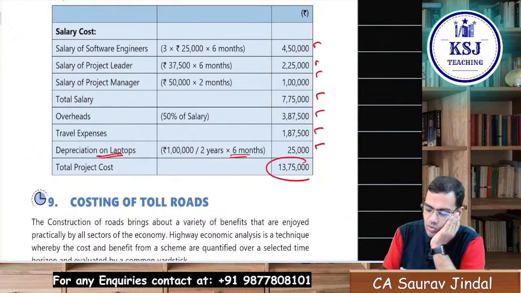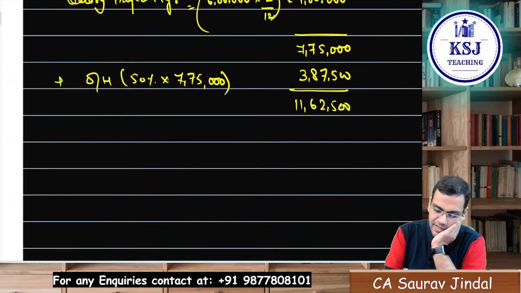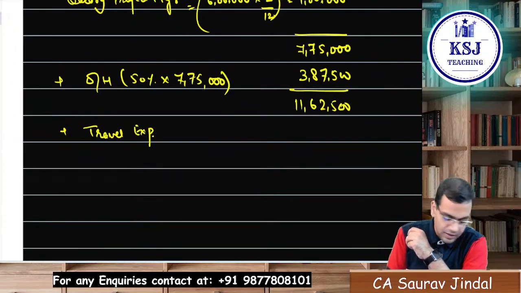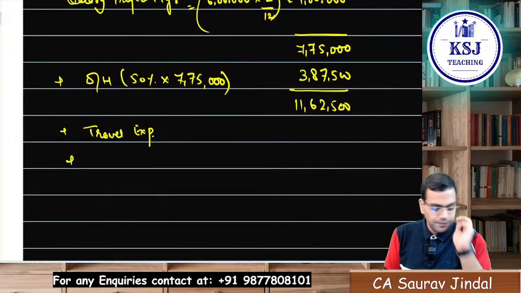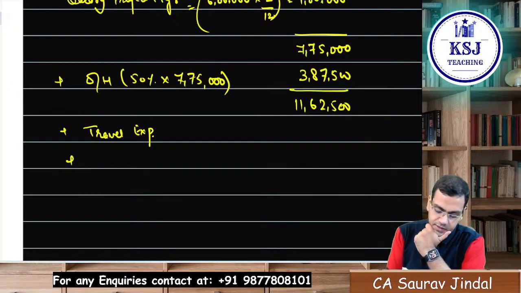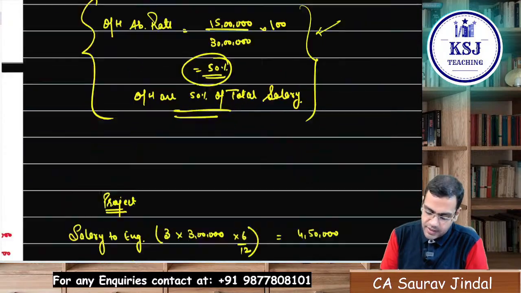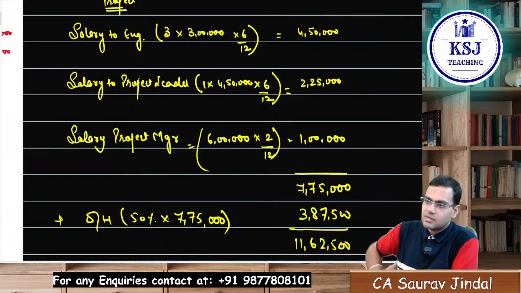So this will be the total project cost: plus the travel expenses plus the depreciation on laptop. Clear? So in this particular question, this overhead absorption was important, and the calculation of the individual salaries for that particular period, this is important.